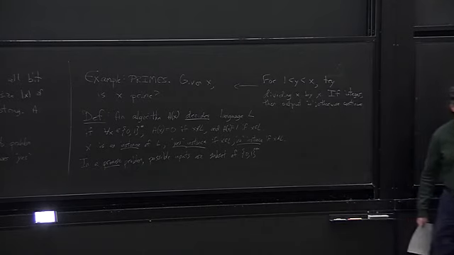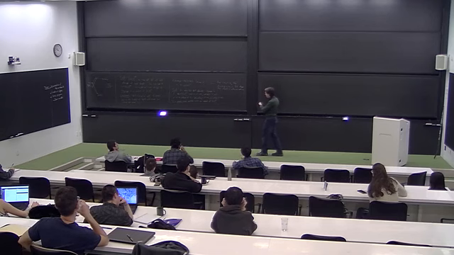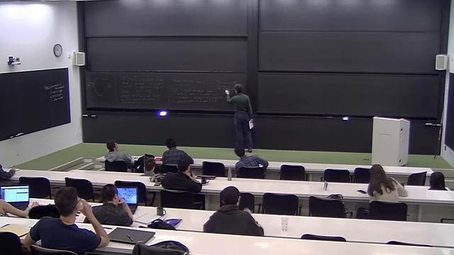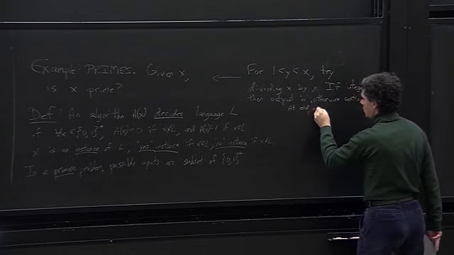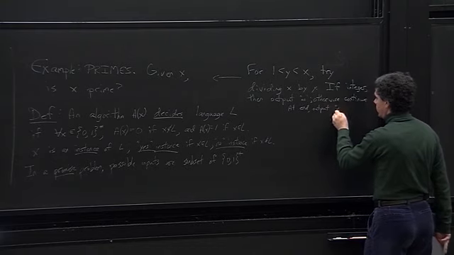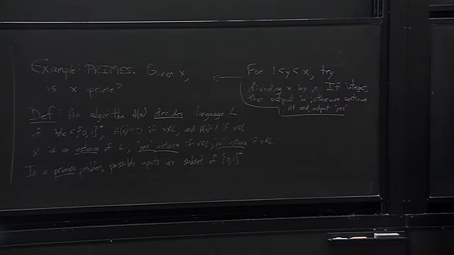Right? So clearly, this algorithm decides the primes problem, because if x has some non-trivial factor, it will find it. And I guess I should say at the end, if it gets to the end and it doesn't have a factor, then it'll get to the end without finding a factor, and so it'll output yes, the number is prime, right?